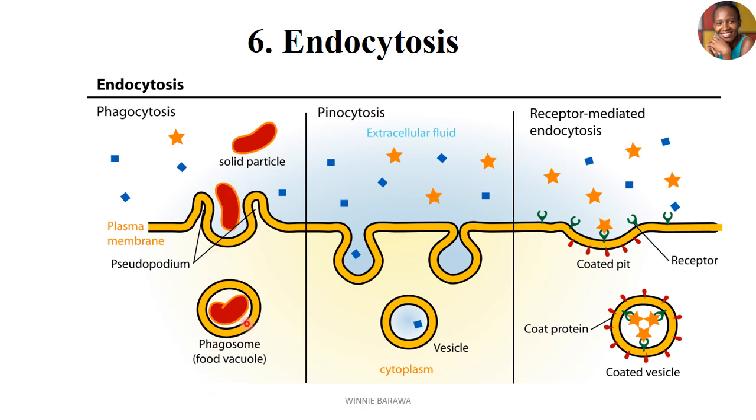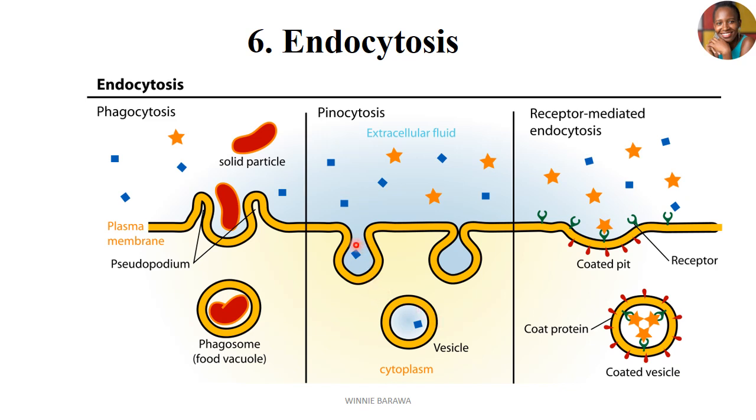The vacuole will then be destroyed by attaching a lysosome to it, pouring the lytic enzyme inside and destroying it. But when it comes to pinocytosis, we bring in the substances, but the purpose is to absorb them. We are not targeting on destroying the substance.